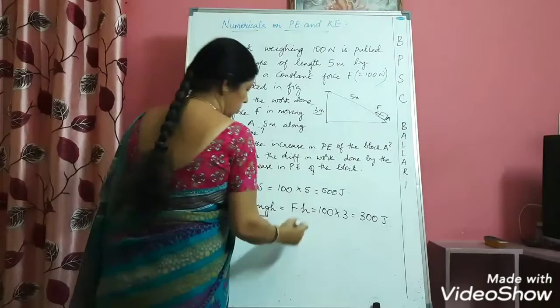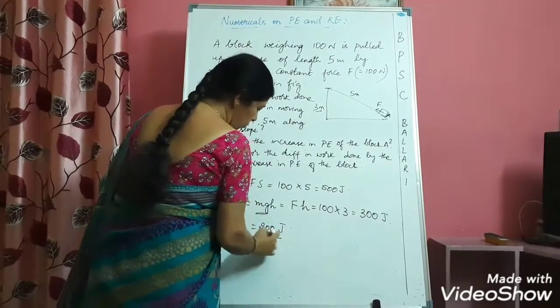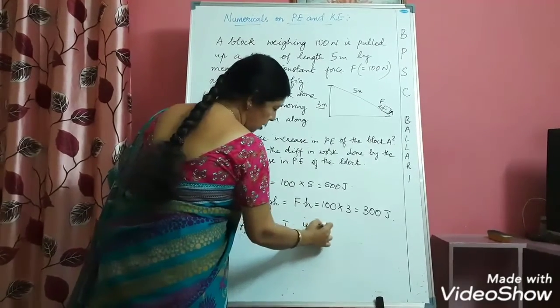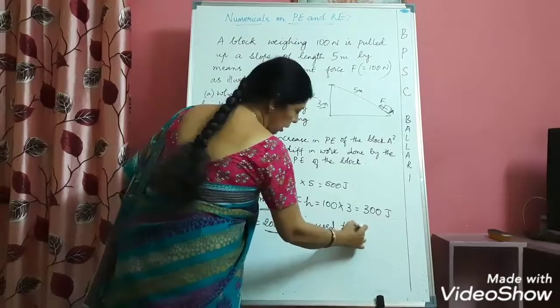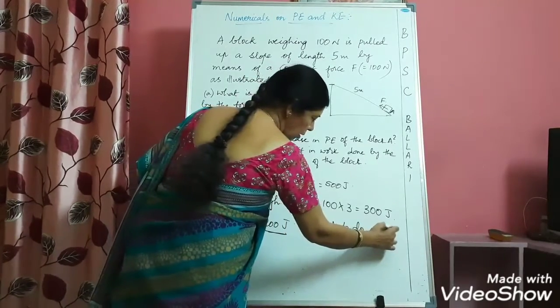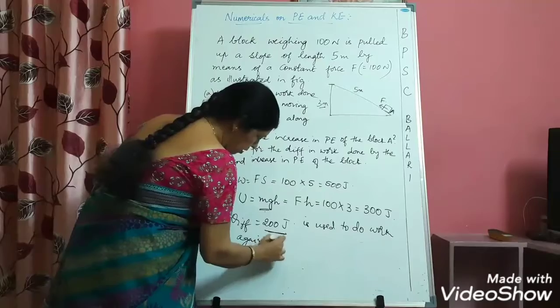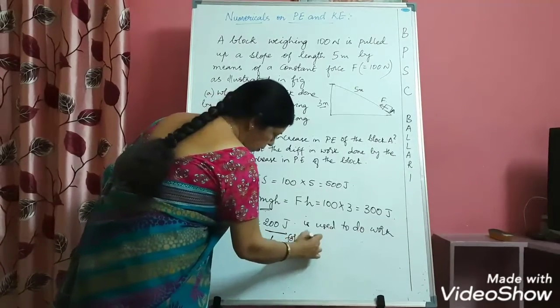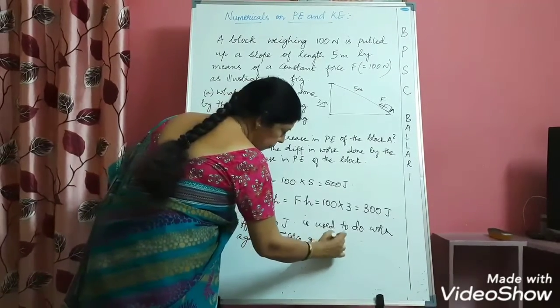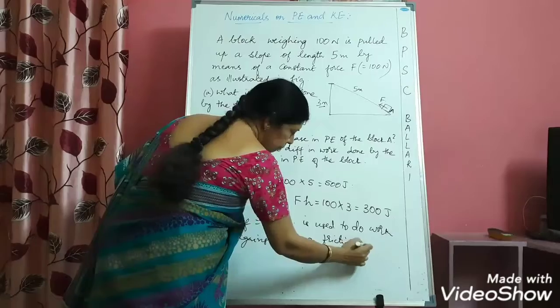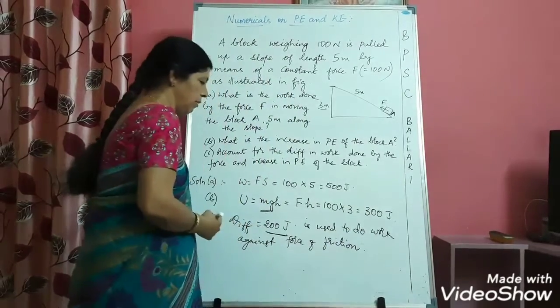So you should remember that this difference of 200 joules is used to do work against force of friction. This is the solution.